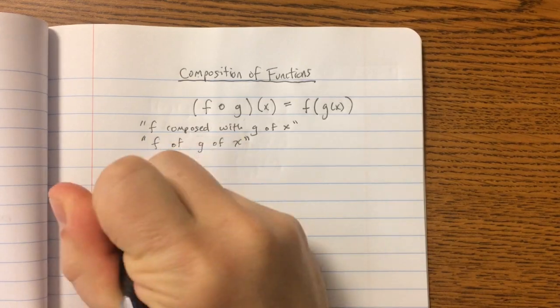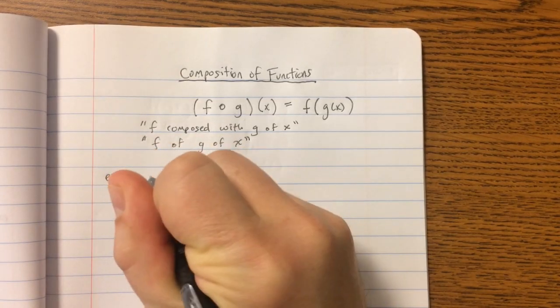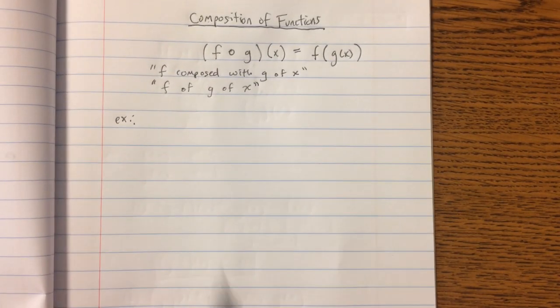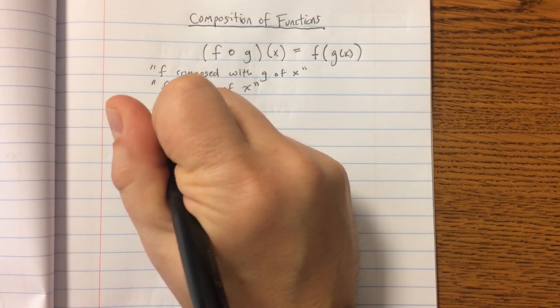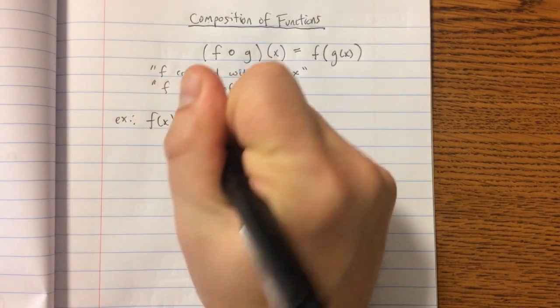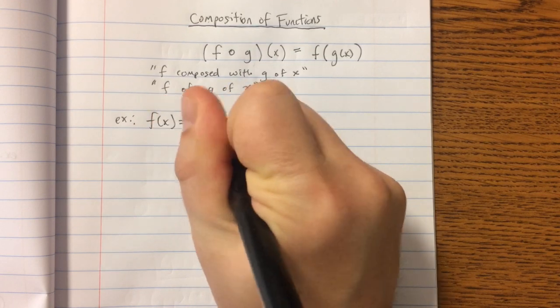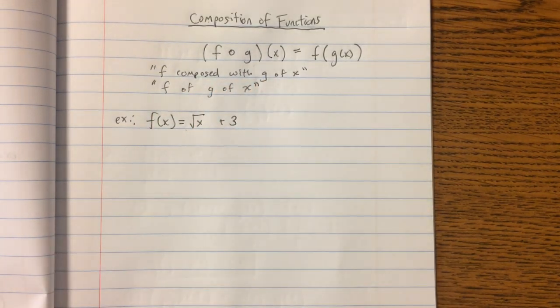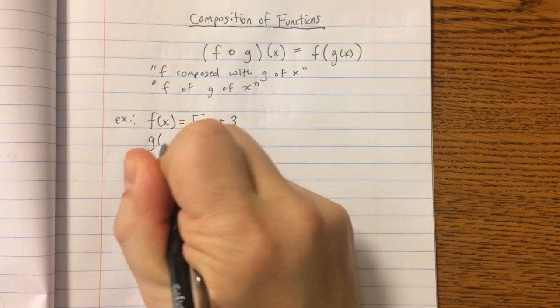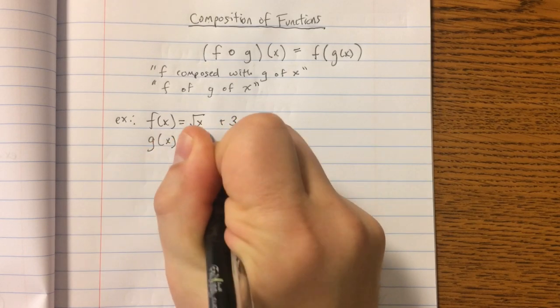So say we're given two functions. F, let's define as the square root of X plus 3, and G is X squared.